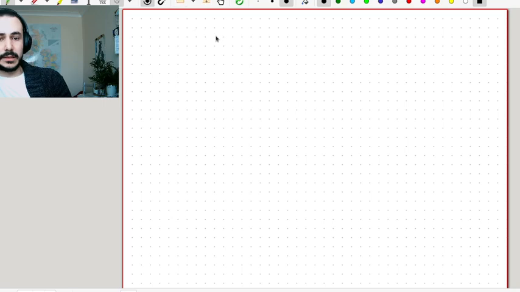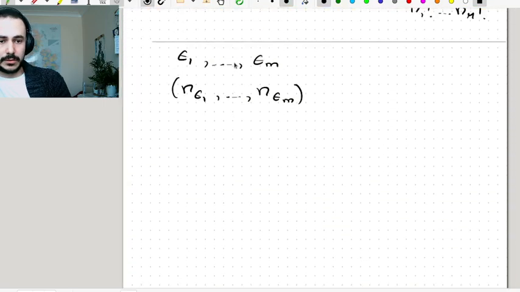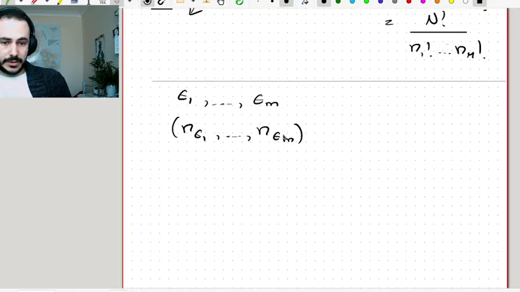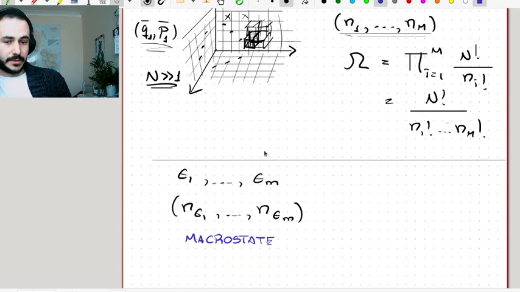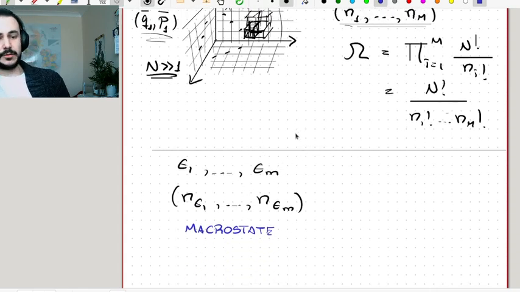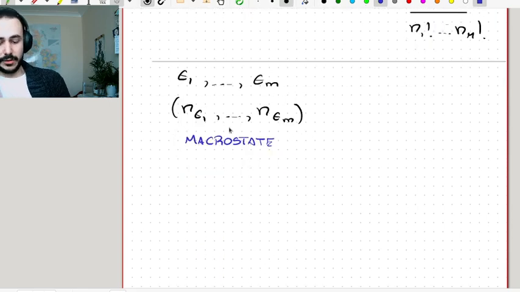This specification is also a macrostate, but it's a macrostate with less information than we had before, because now we are losing track even of the specific cells in phase space. Not just the labels of the particles, but also the specific cells. We only know in which subgroup of cells each particle is falling into. Okay, and there may be several cells, like I said, with the same energy.